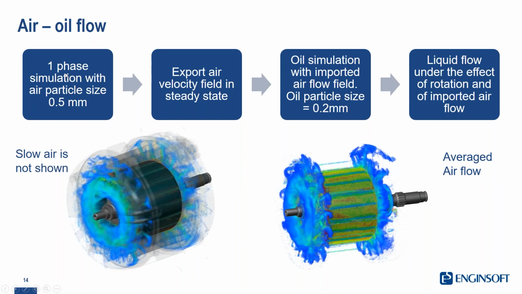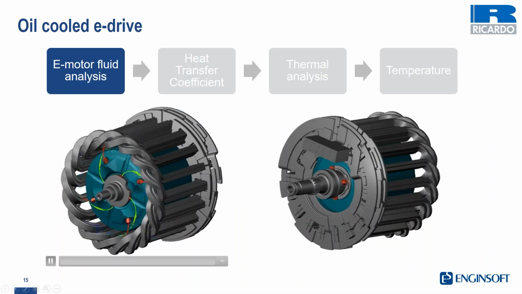So lower cost and lower accuracy and faster simulation on the air side, much higher accuracy on the oil flow. In this way, we account for the airflow effect on the liquid, and this is the final result.